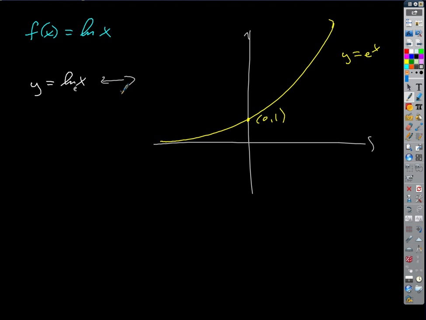The base of the log is the same as the base of the exponent, right? So we end up with the statement: the base e to the y, that's the exponent. The log is equal to the exponent. e to the y equals x. Those say the same thing.